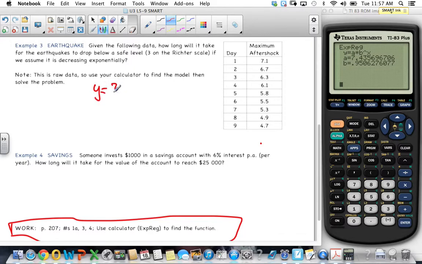A is 7.44 if I round to the hundredths place, times b, 0.95 if I round to the hundredths place, to the x. x being the number of days and y being the aftershock reading.